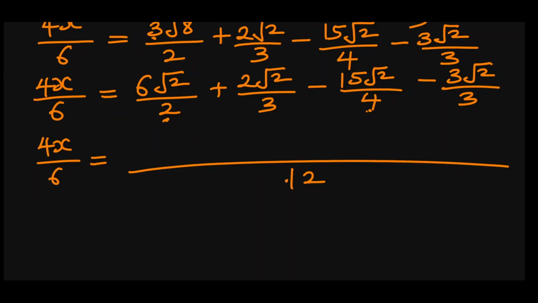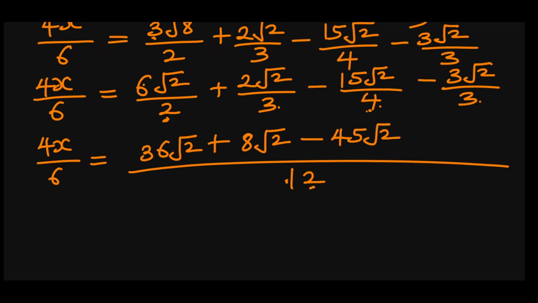Okay, so 12 divided by 2 is 6. 6 times 6 root 2 is 36 root 2, plus 12 divided by 3 is 4. 4 times 2 root 2 is 8 root 2, minus 12 divided by 4 is 3. 3 times 15 root 2 is 45 root 2. Then 12 divided by 3 is 4. 4 times 3 root 2 will give us minus 12 root 2.